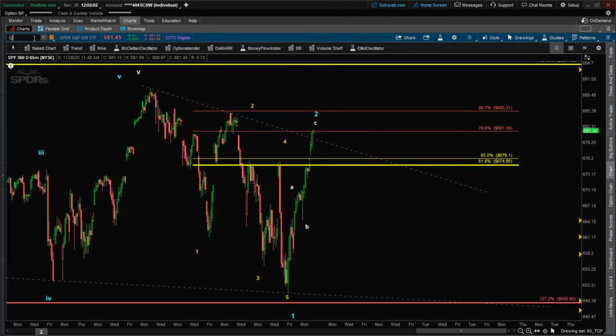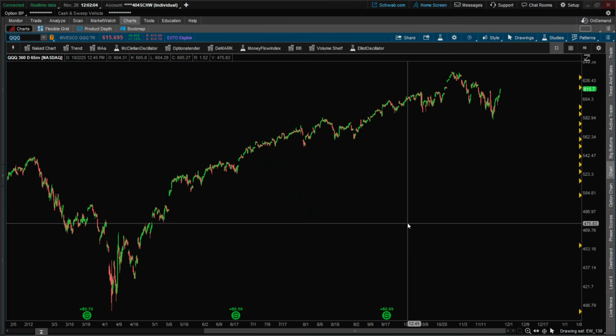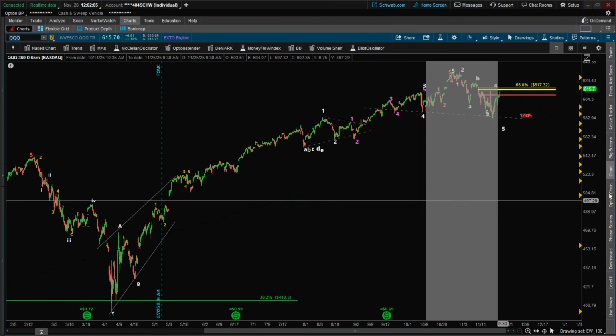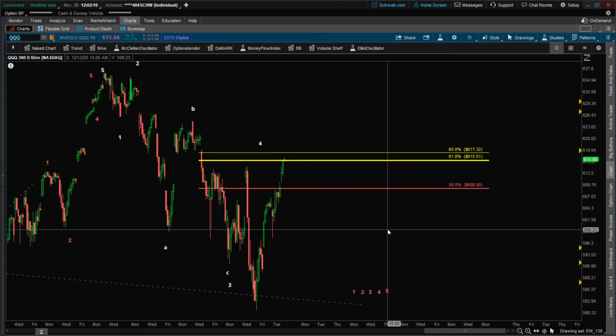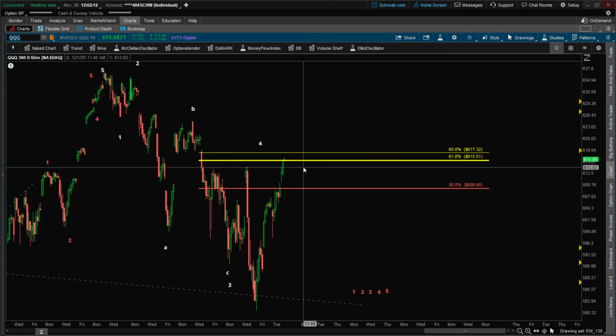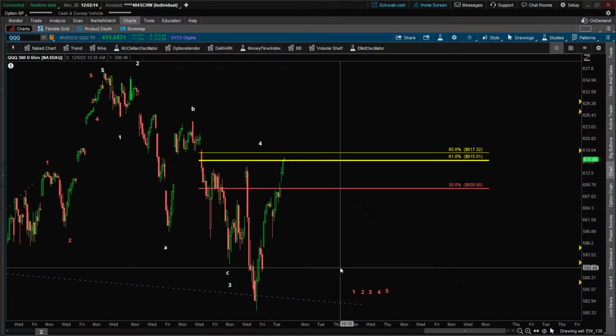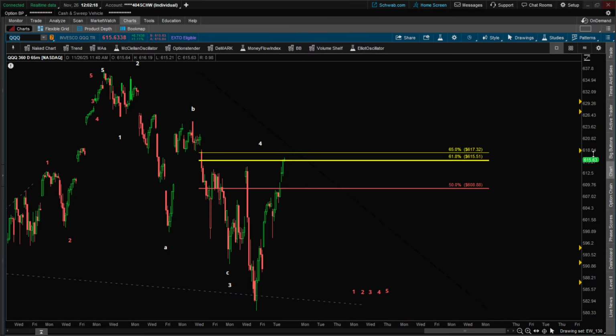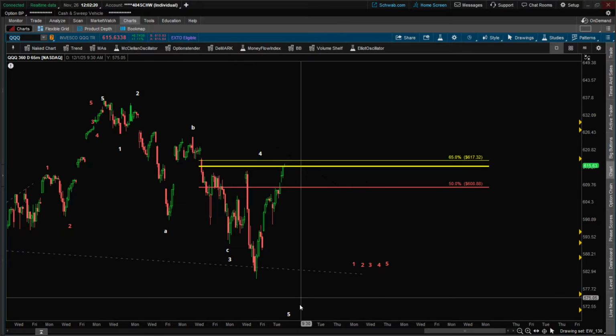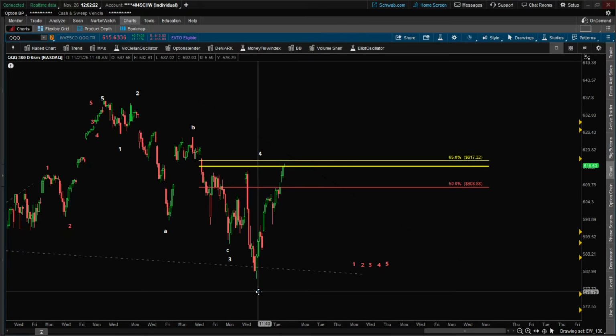On the Qs, it's just a little bit different. And this is very typical because the Qs are leading, all right? They're not leading to the upside anymore. They're leading to the downside. We're at that 62% retracement, and that's all you need. So here's your fifth wave right here.